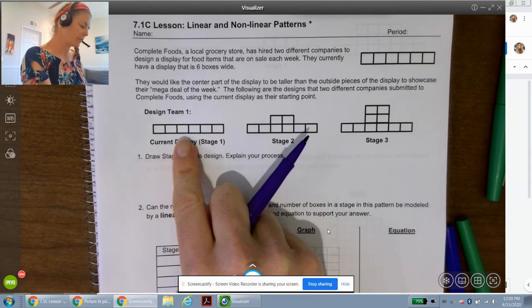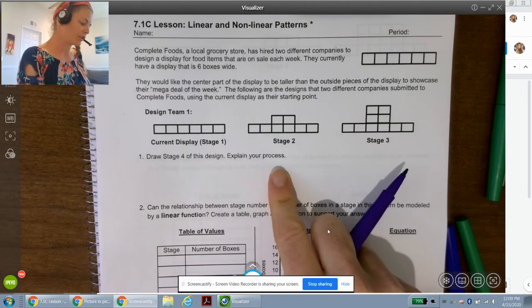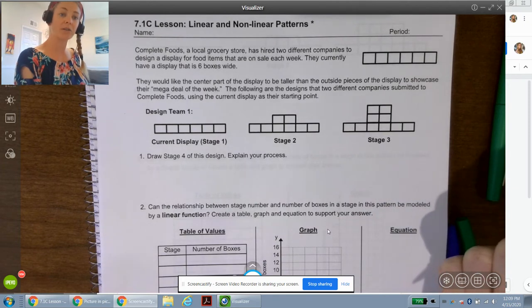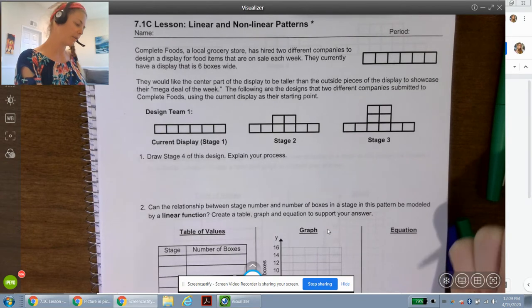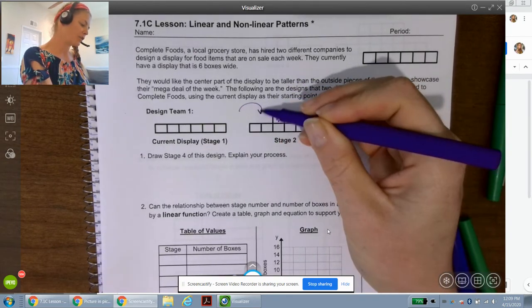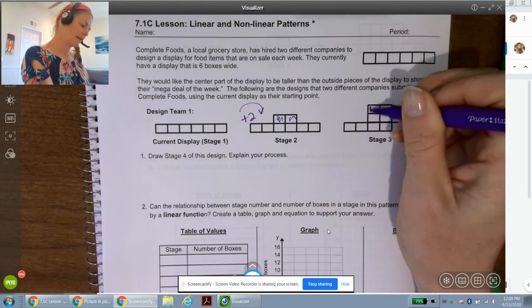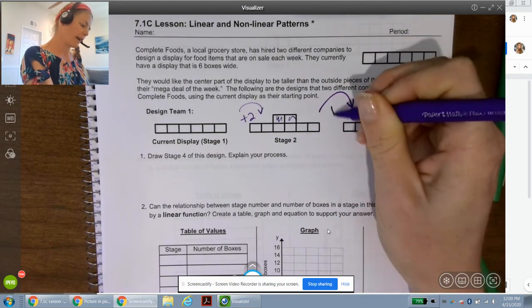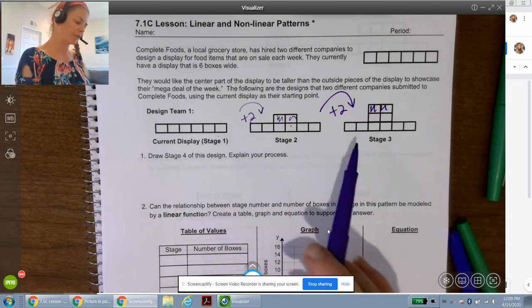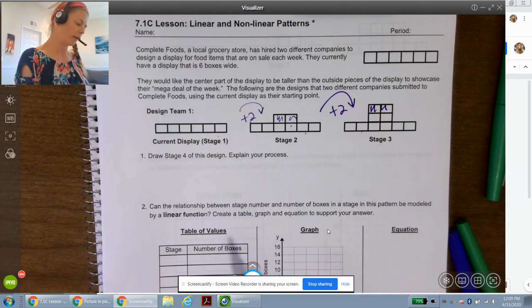So here's design team 1, and we're asked to draw stage 4 of this design, really similar to what we looked at when we were looking at linear patterns back when we talked about linear equations. It's helpful to look at, from each stage to the next, how many blocks are added. From stage 1 to 2, 2 blocks. From stage 2 to 3, 2 more blocks are added.